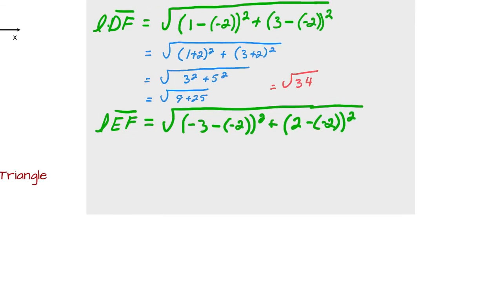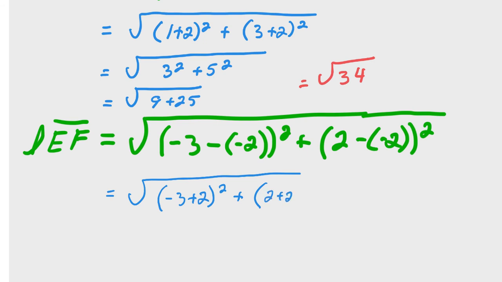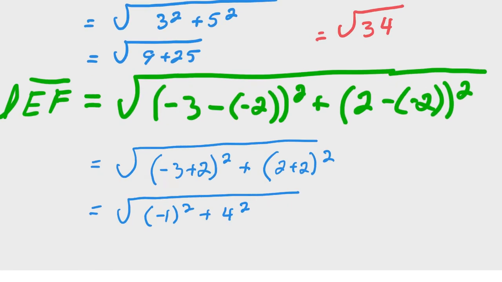Lastly, -3 minus -2 is going to be -3 plus 2 all squared. 2 minus -2 is 2 plus 2, again all squared. This becomes -1 squared, remember your brackets, plus 4 squared.